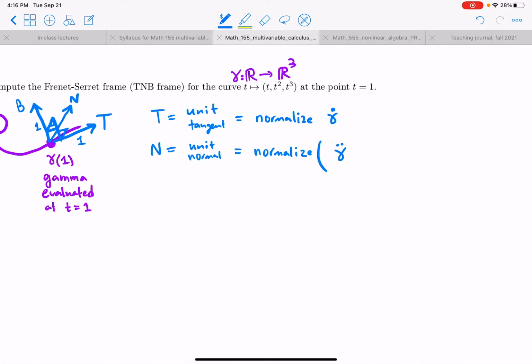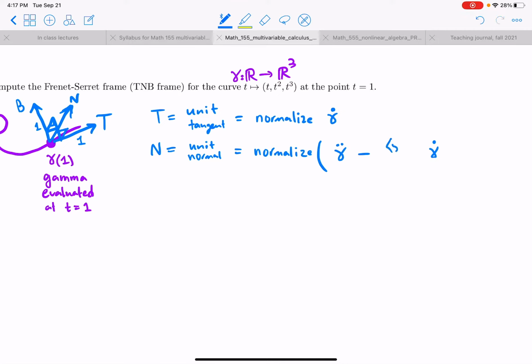So it's the acceleration minus its component in the velocity direction. That's because the acceleration might be pointing somewhat in the tangential and somewhat in the normal direction, and we want to remove the tangential component. So if the acceleration was here, we want to remove it so that it's orthogonal, or 90 degrees, with respect to the unit tangent.